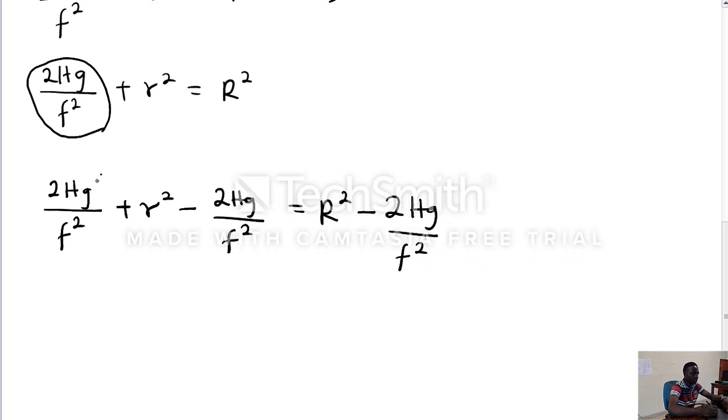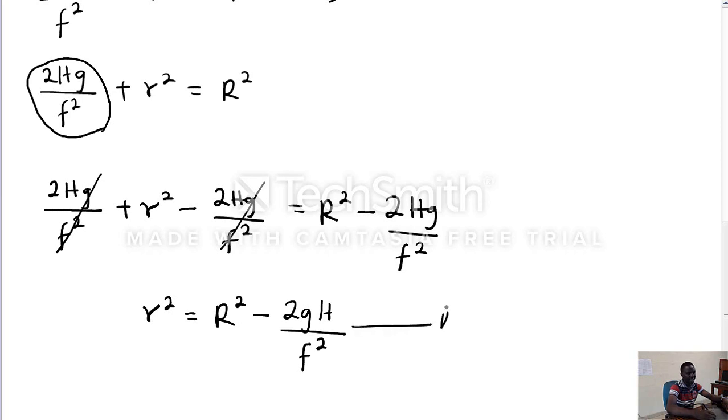So plus 2gh over f squared minus 2gh over f squared will neutralize each other, giving us 0, leaving us with r squared being equal to capital R squared minus 2gh. Remember what I said? You arrange them in alphabetical order with the numbers written in front, divided by f squared. You can simplify this, or you leave it like this, and this is r squared is equal to big R squared minus 2gh over f squared.